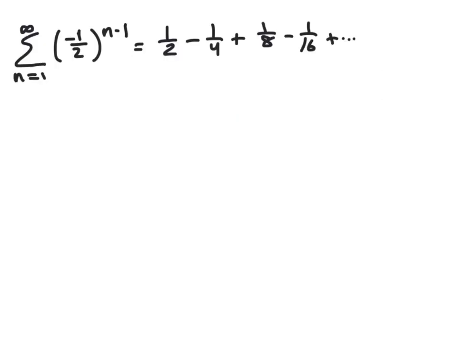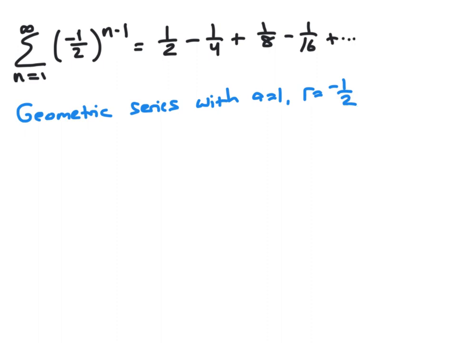The first example that we looked at earlier was the sum n equals 1 to infinity of (-1/2)^(n-1). Looking at this series, in particular the form of our term, we notice that this is a geometric series with a equal to 1 and r equal to -1/2. From our previous work with geometric series, we already know how to determine if a geometric series converges or diverges.